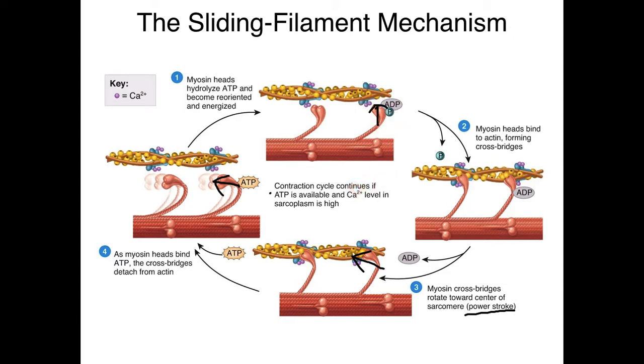Phosphorus leaves and you bind to actin. You're putting the arrow in the crossbow. When ADP leaves, you're pulling the trigger. And all of that energy that was stored in the orientation of those head groups is released, and the head groups move.